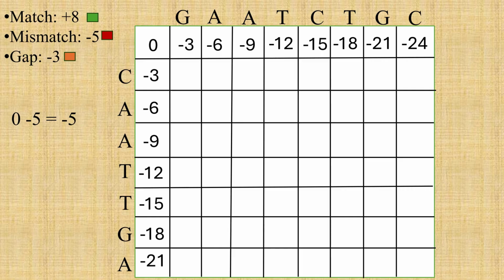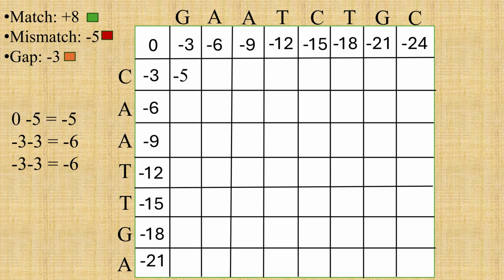The vertical score is the cell above, which is -3, plus the gap penalty score, which is also -3, and the result is -6. The horizontal score is the cell to the left, which is -3, plus the gap penalty score, which is also -3, and the result is -6. We then compare these three values and select the highest one, which in this case is -5, so we write it into the cell.